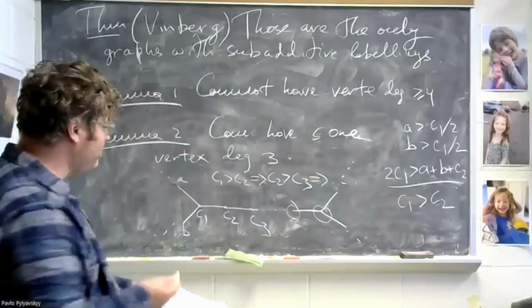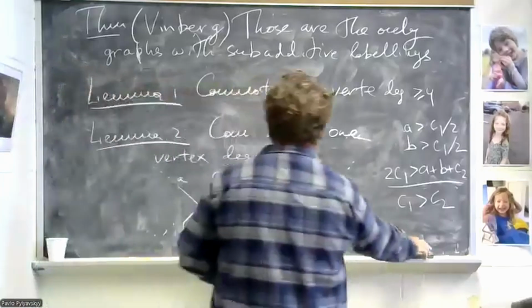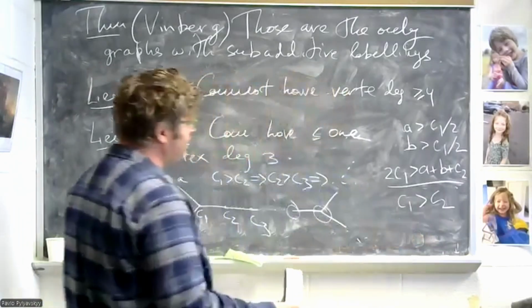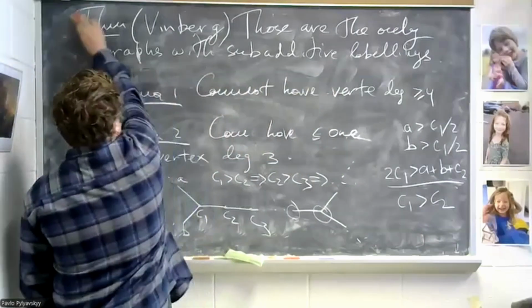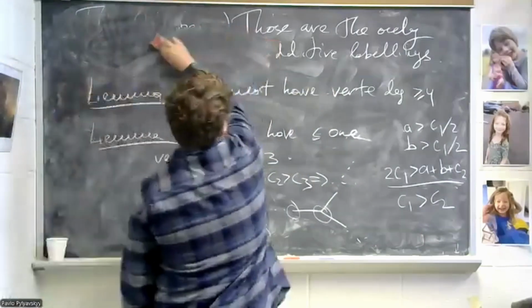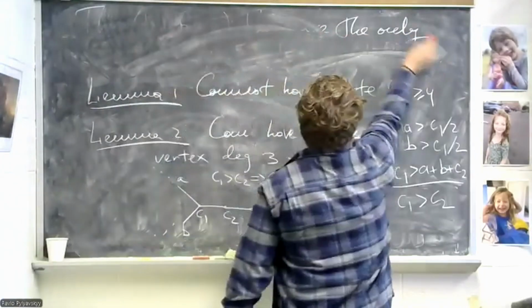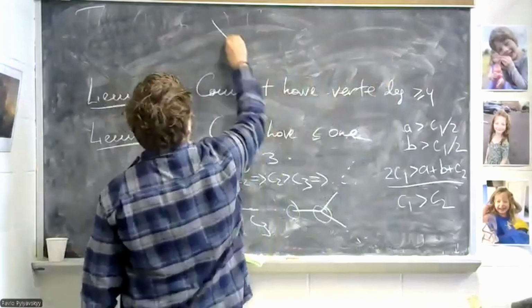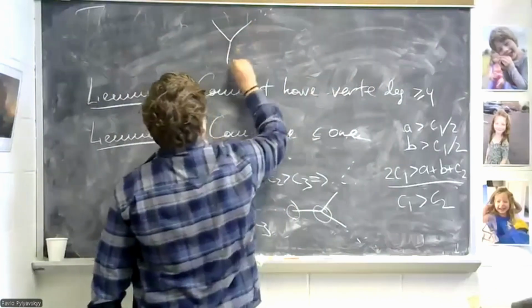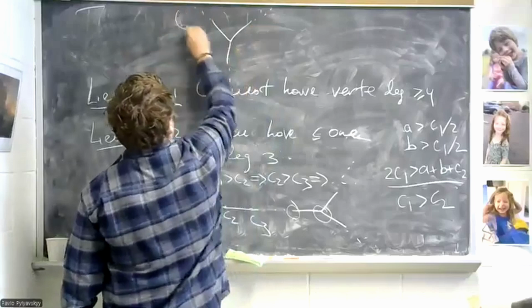After this is just slightly painful consideration of cases. If you don't have vertices of degree 3 at all, then it's easy: it just has to be a path or a cycle. You check those two. And if it has a vertex of degree 3, you just need to consider cases for how long those arms are.